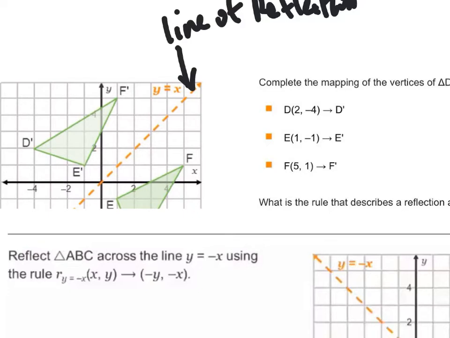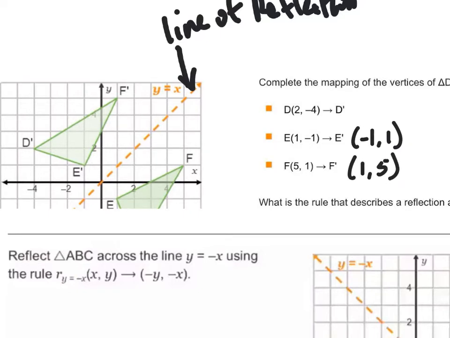Okay, so this is going to give me -1, 1. Okay, if I were to look at the point F over here, this would be the point 5, 1. Okay, and if I were to reflect it over the line y equals x, it becomes the point 1, 5. Okay, so this is the point 1, 5.